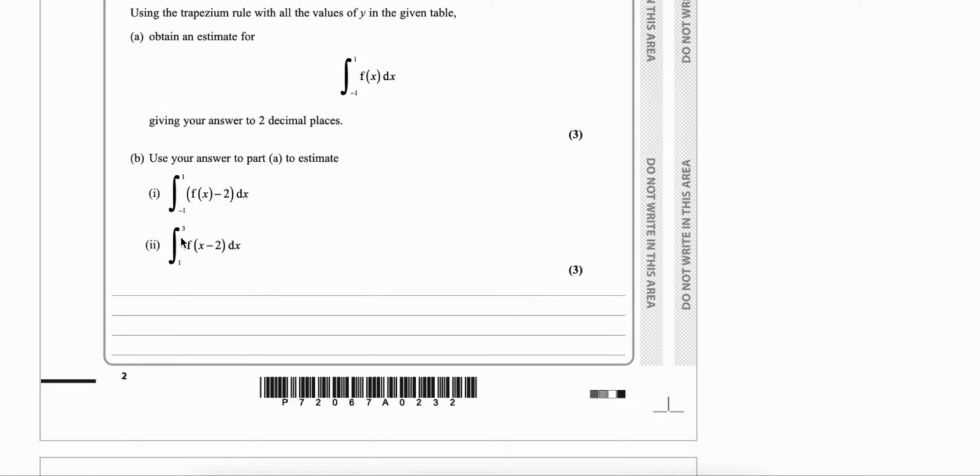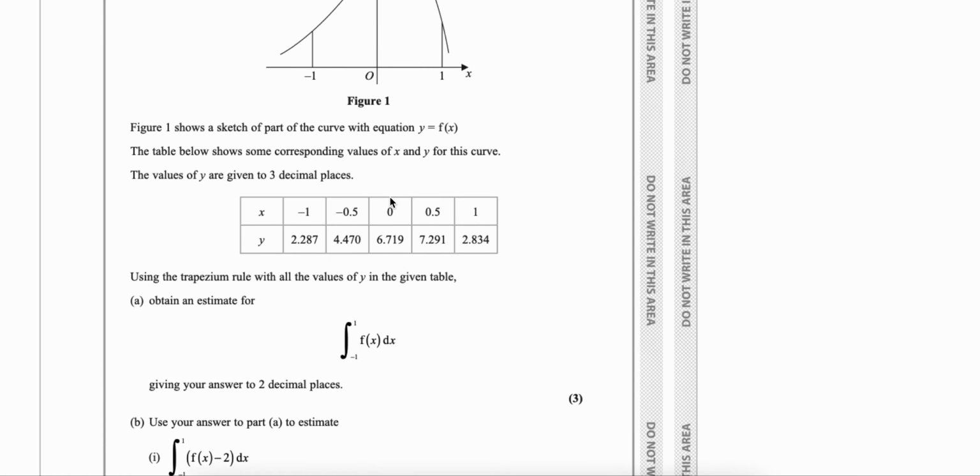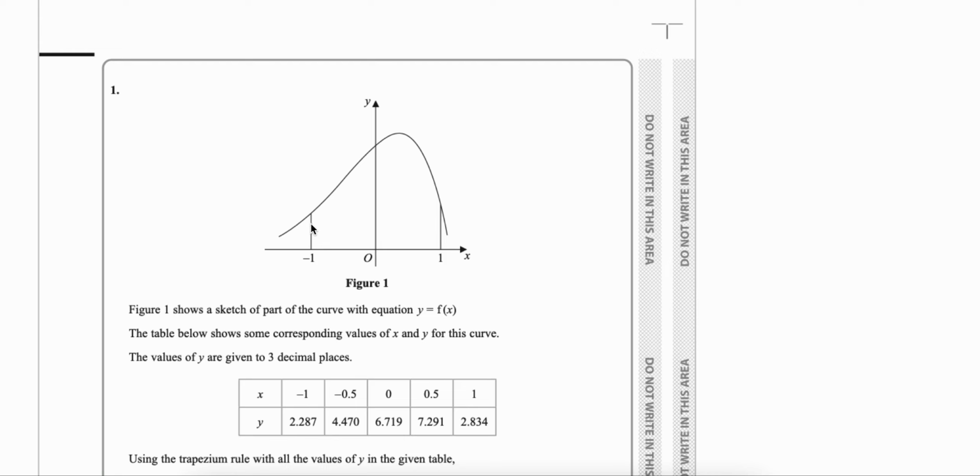These have also moved 2 to the right. So if you look at our graph and we imagine moving our graph 2 squares to the right, so -1, -2, we would end up with something that looks a little bit like that. But our limits would also move 2 to the right.